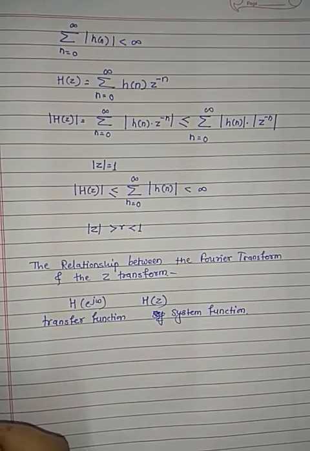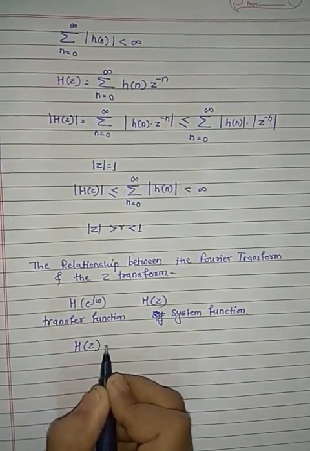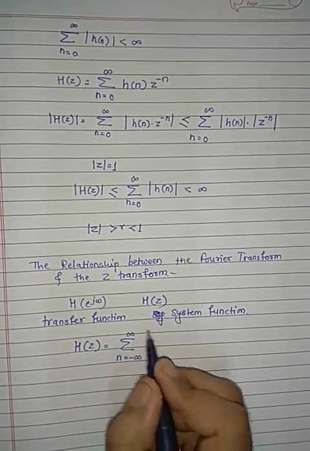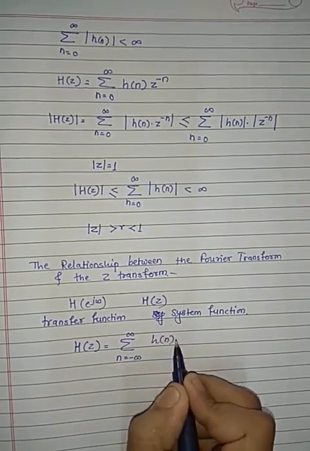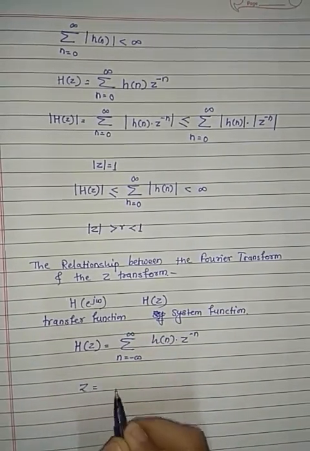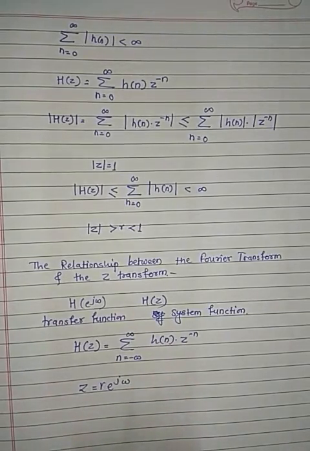Okay, so we know that the z transform of h of n is given by the equation H of z equal to summation from n equals minus infinity to plus infinity h of n into z raised to minus n. Now we know that z is equivalent to e raised to j omega multiplied by r.